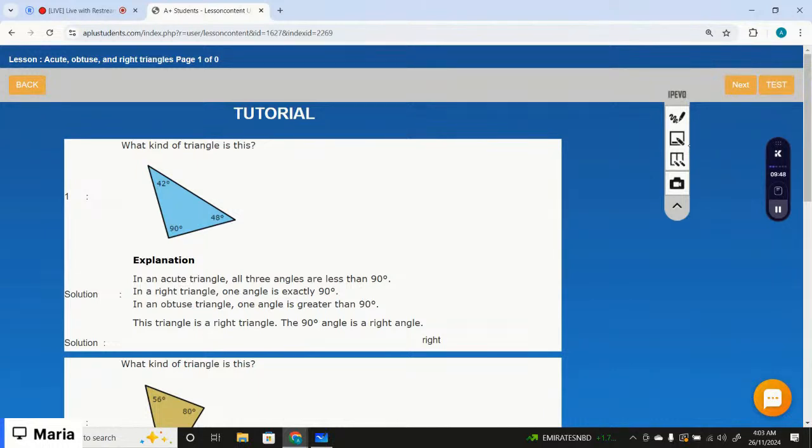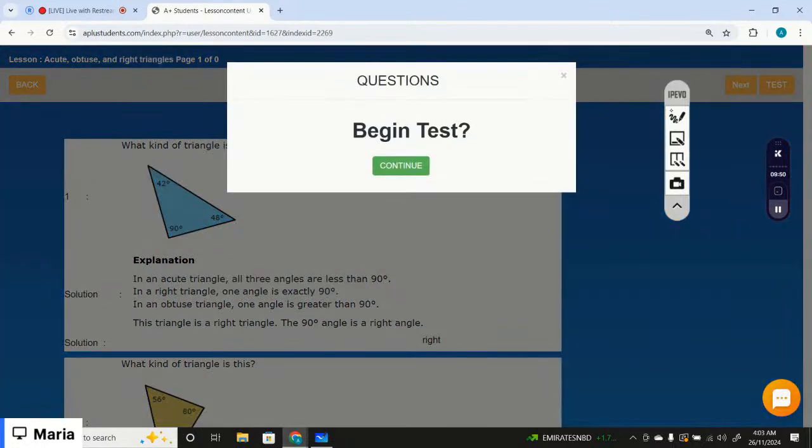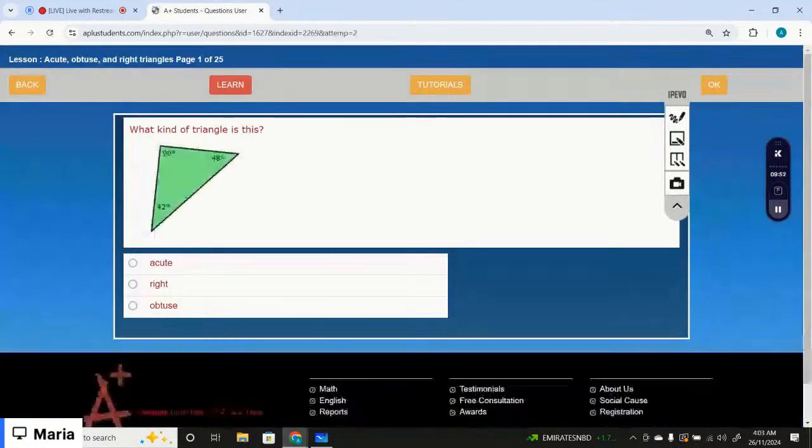Let's just start with the test questions. What kind of triangle is this? One of the angles is 90°, the other two are 48 and 42.